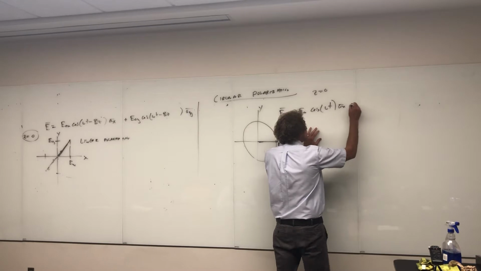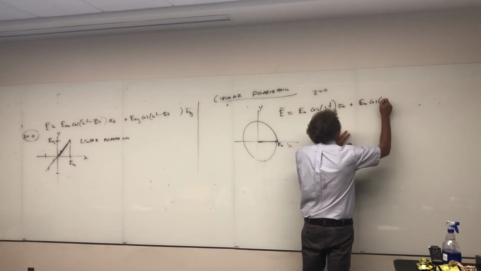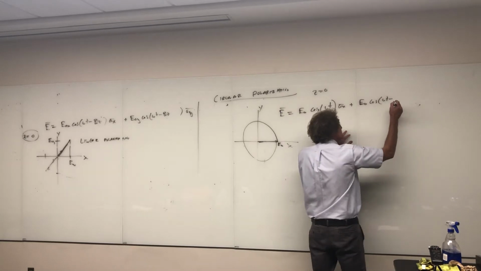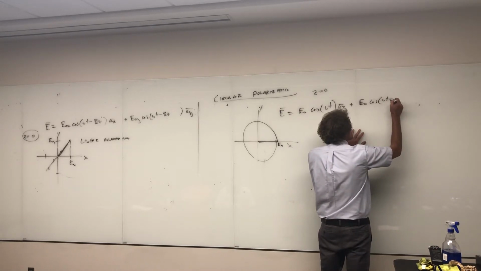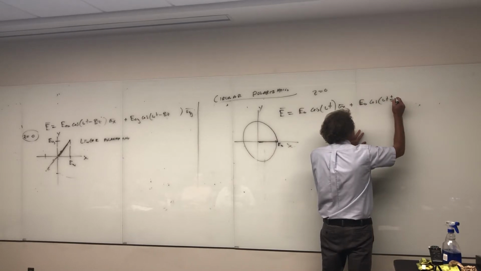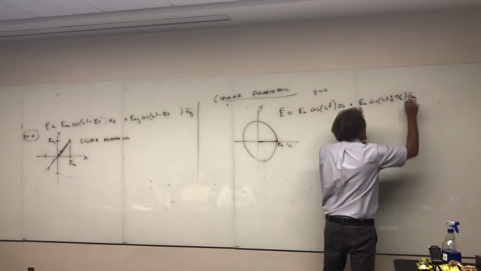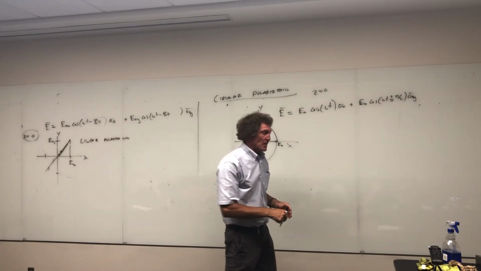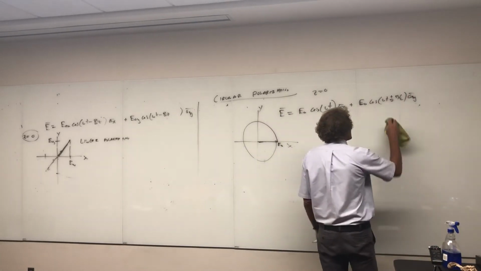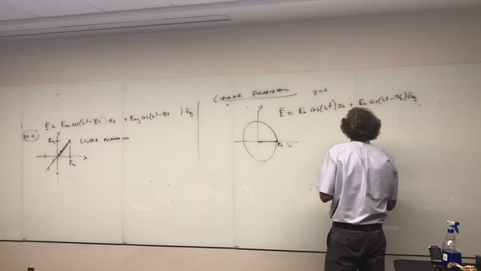And then there's going to be plus some E naught cosine of omega t minus or plus, or really plus or minus, 90 degrees. So I'll call it pi over 2, a_y. Now, I'm going to assume for now, let's assume it's minus pi over 2. And I'll show you why I'm doing that.